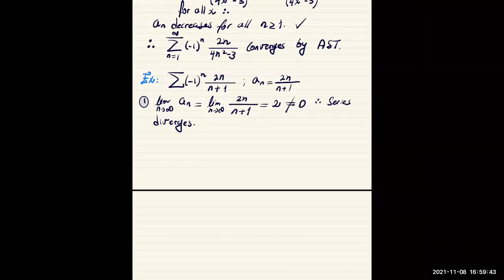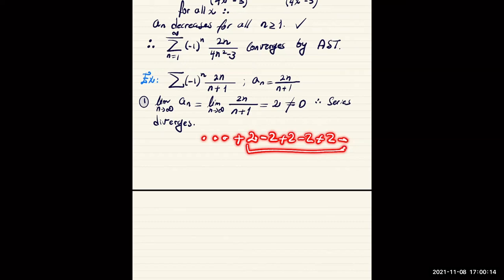Again, what this says is that if you expand the series and write down the terms, if you run the series long enough, you're going to end up with plus 2 minus 2 plus 2 minus 2 plus 2. This series is not going to be convergent because the partial sums don't have a limit.